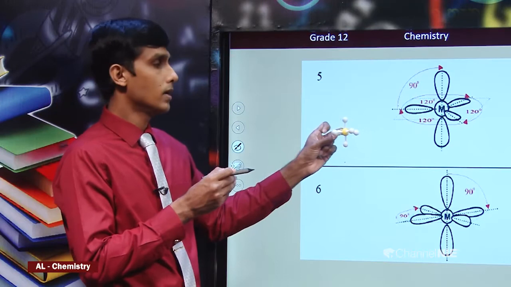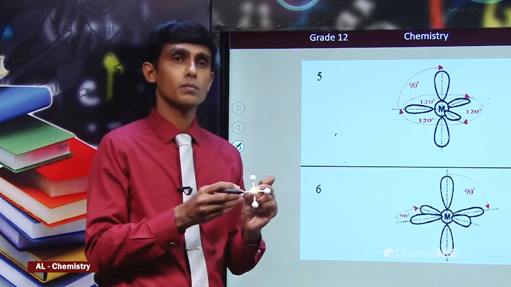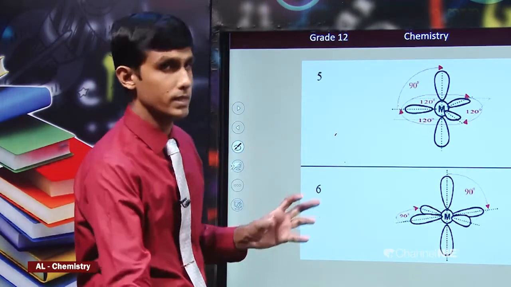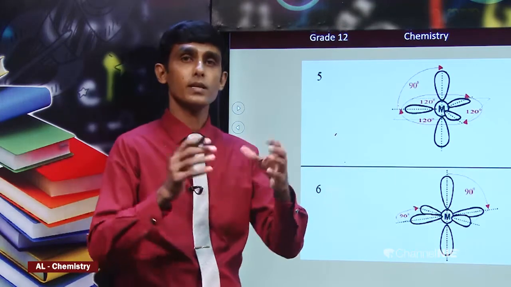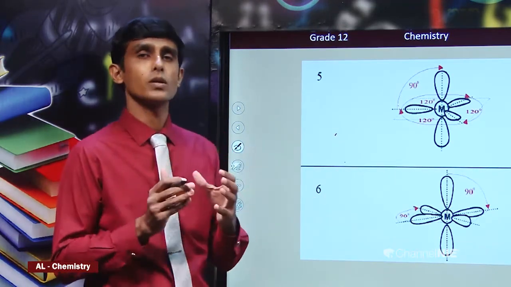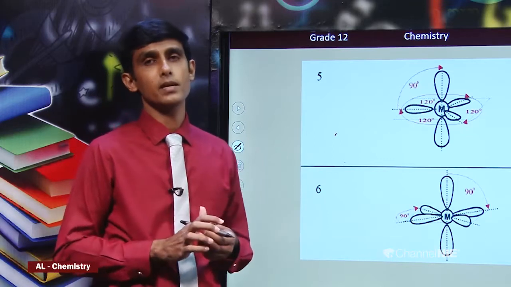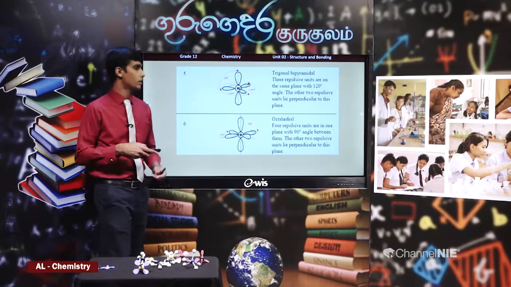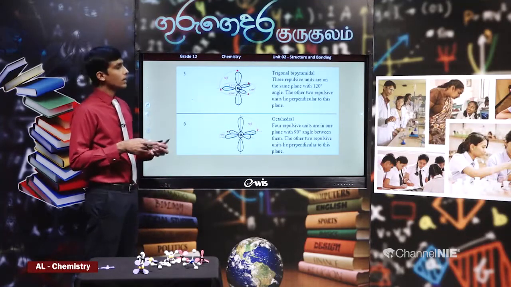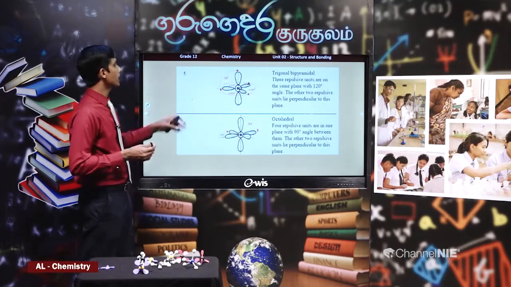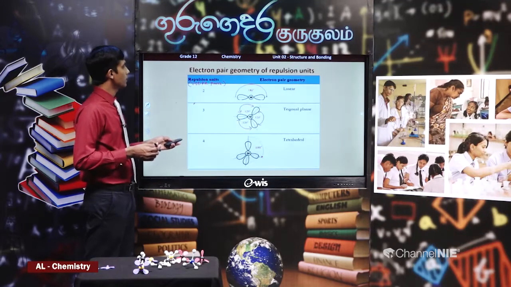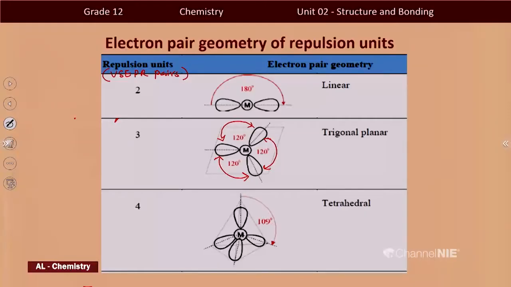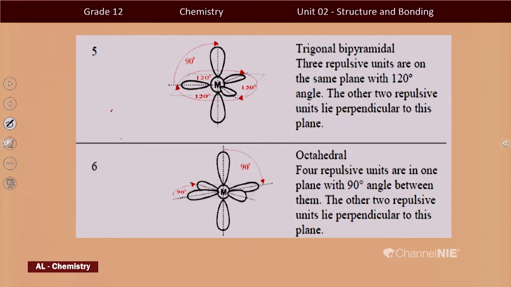Now, these are the different possible electron pair geometries between the repulsion units based on the number of VSEPR pairs around a particular atom. These are known as basic electron pair geometries: linear, trigonal planar, tetrahedral, trigonal bipyramidal, octahedral.